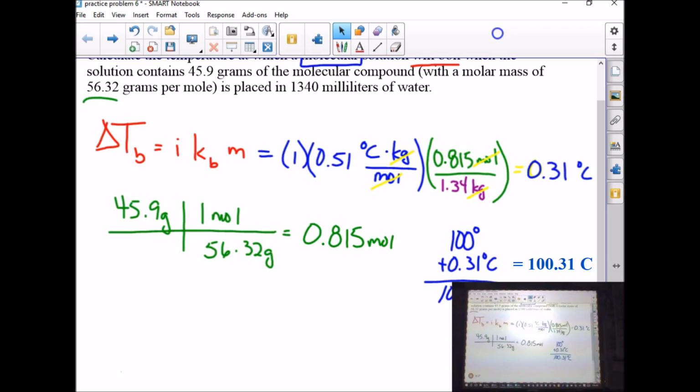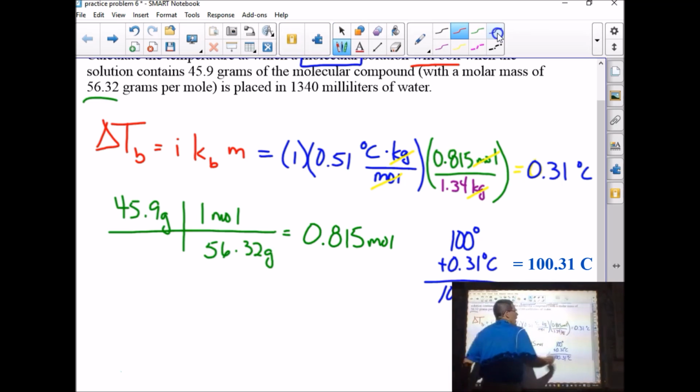That value? What value? That is the new temperature at which this solution of water will boil. Good. Okay. This is the new temperature at which it will boil.